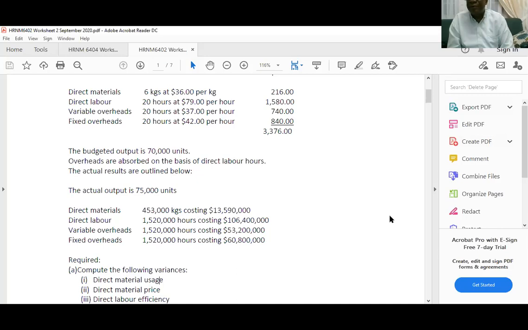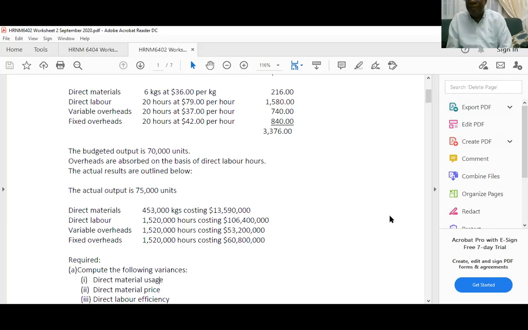That's what we ought to use. But how many kilograms did we actually use? We go below. We used 453,000.